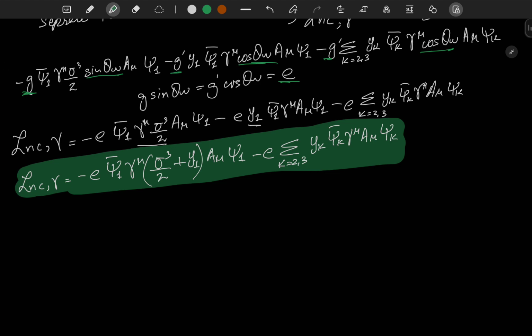So since we are trying to achieve a QED-like Lagrangian, we are going to compare sigma 3 over 2 plus y1 with q tilde, and q tilde is, as I told you earlier, a 2 by 2 matrix in the SU(2) group.